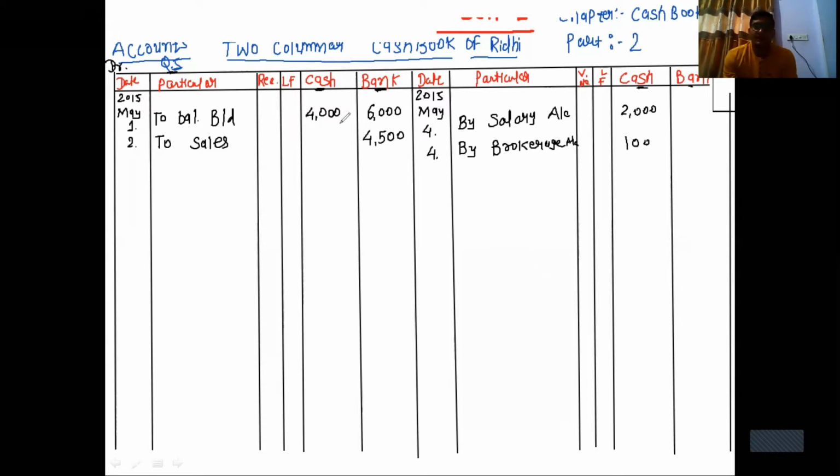So here we have to check whether bank balance increases or decreases. Yes, bank balance decreases because it is clearly written withdrawn from bank. So the amount of 3,000 is on the credit side because bank balance decreases. Date is 6, and we have to write by drawing account.